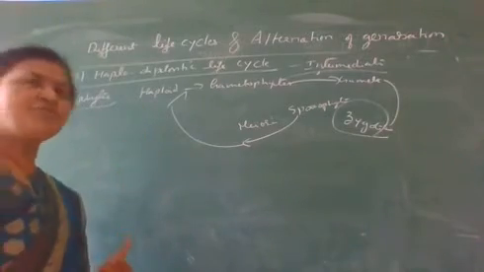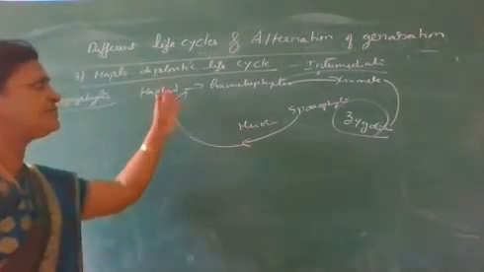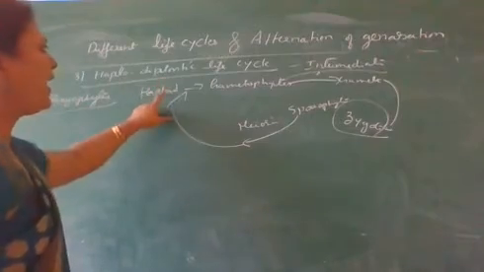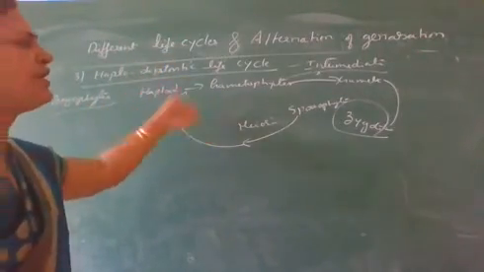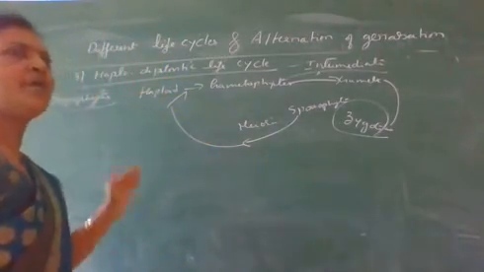And in the case of pteridophytes, mainly the haploid phase alternates with the diploid.